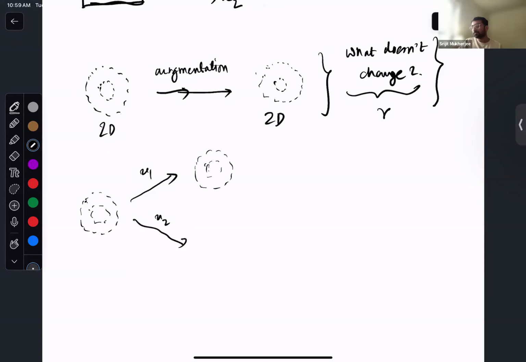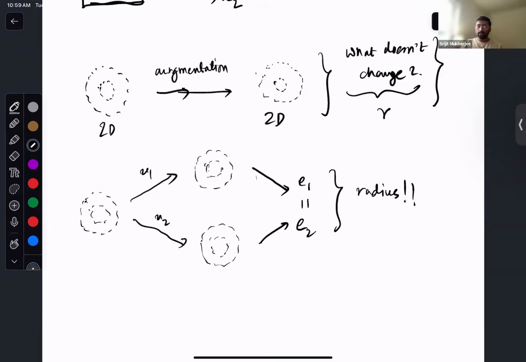It'll look the same. And then they try to see what doesn't change. Let's say this will be E2, this is E1, and this should be the same. And what doesn't change is the radius. And that's why it's a good measure.